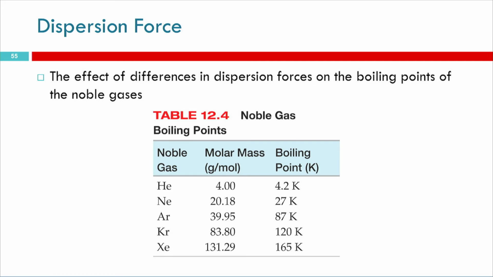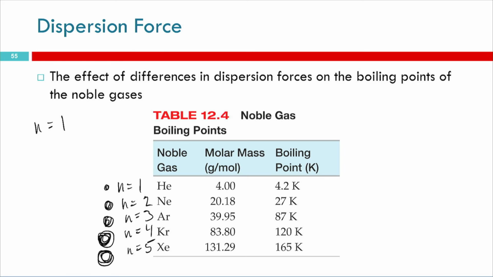So this is the molar mass and the boiling point of the noble gases. And you can see that as we go down, as they get bigger, as we move from N, our principal quantum number, which corresponds to the shell, as we go from N equals 1, N equals 2, N equals 3, N equals 4, N equals 5, each of these are getting bigger as we move down.